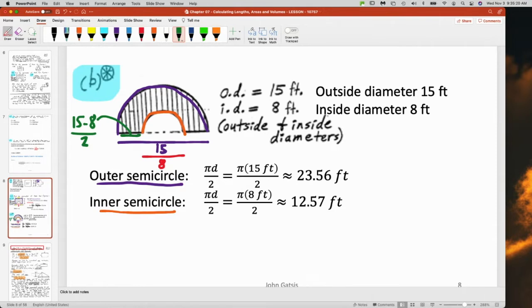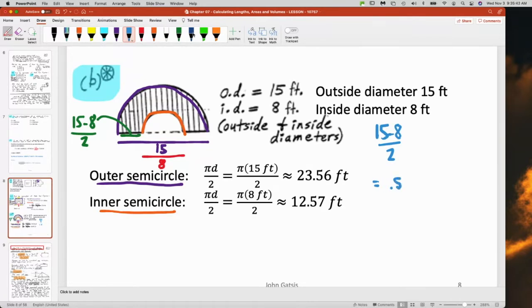So the 7.5 is something else. The 7.5 is if you take this number and divide it by 2. Okay, so let's do it this way. The one in green is the correct form. If you do 15 minus 8 divided by 2, the answer is 3.5 eventually.